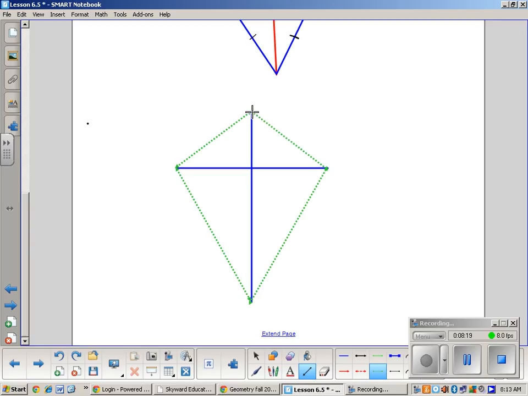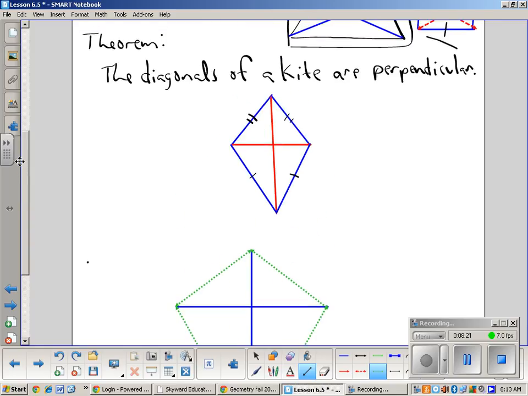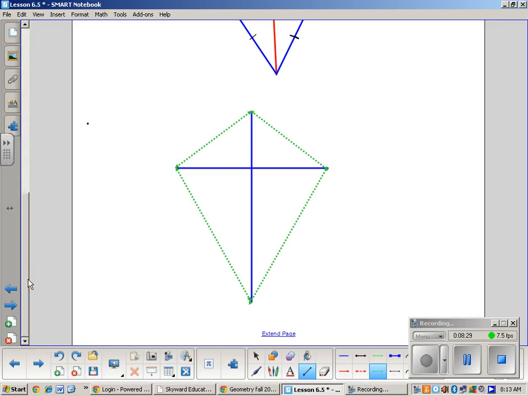And so if I connect these to make my kite, I'm using this theorem to make my kite. I'm using the fact that I know the diagonals of a kite have to be perpendicular. And so if you're asked to draw a kite, you could start out the same way. You might do it freehand, you might use a ruler or a measure, but make your diagonals perpendicular. Try to make the long diagonal go through the midpoint of the shorter diagonal.